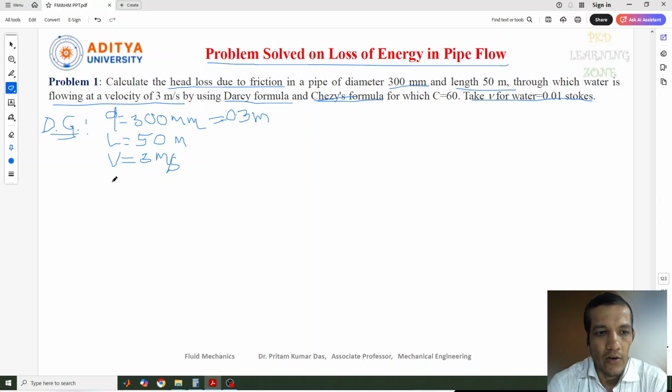And Chezy's constant C we need to consider as 60, and nu, the kinematic viscosity, is given as 0.01 stoke.